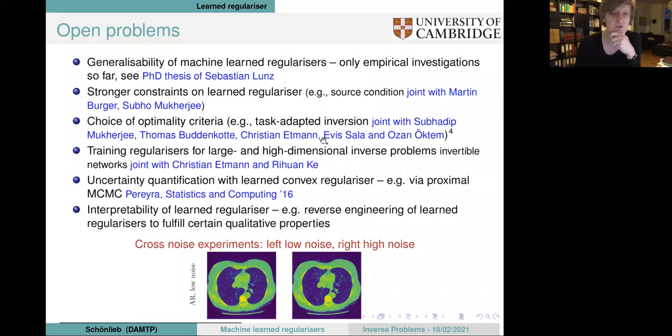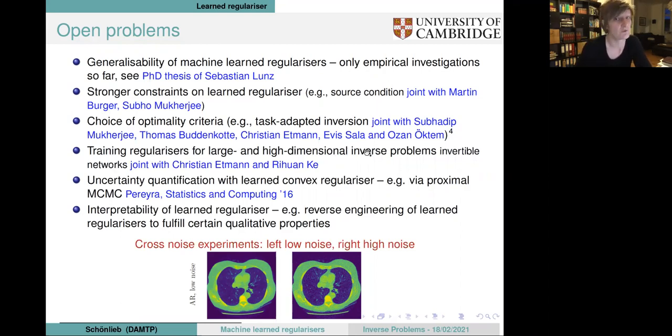And so, being able to train a regularizer, we can train it with different criteria. I've presented you one criterion of how you can train it, but you could make that more task adapted. Tell the regularizer that you want the best image for doing a segmentation afterwards, for instance.